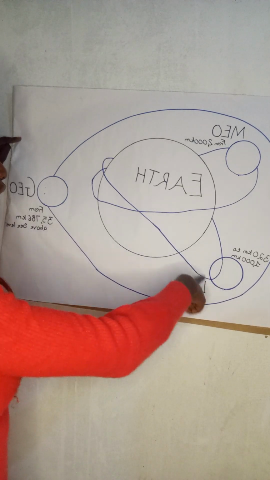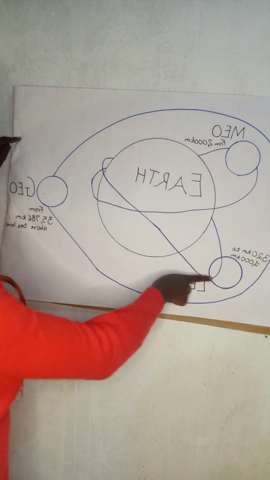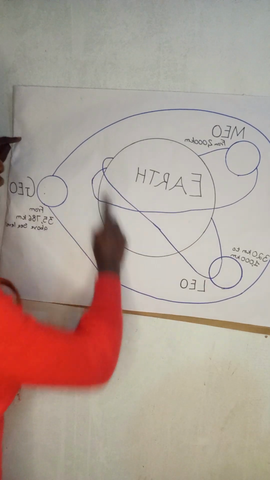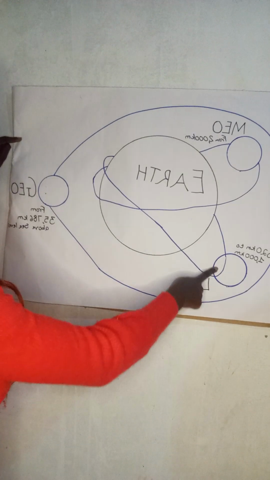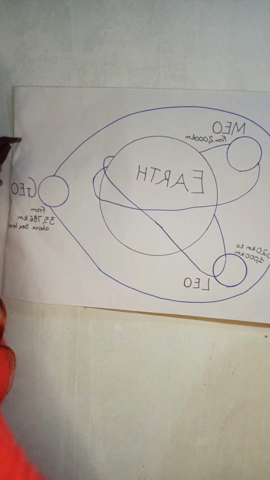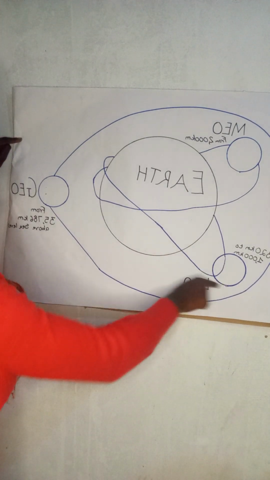Satellites under the low Earth orbit, for example the Hubble telescope, are located in the LEO, right? So this is the first.